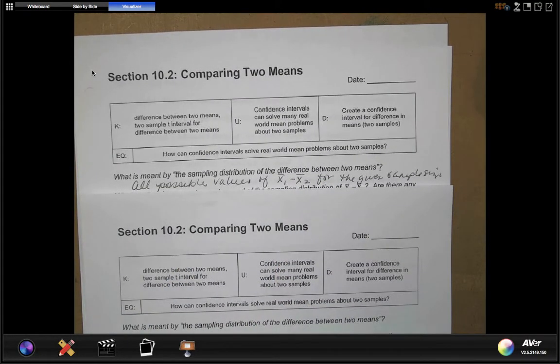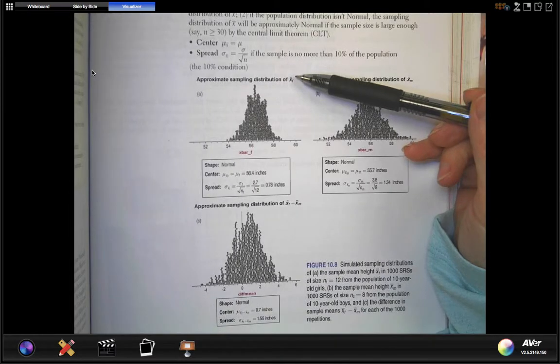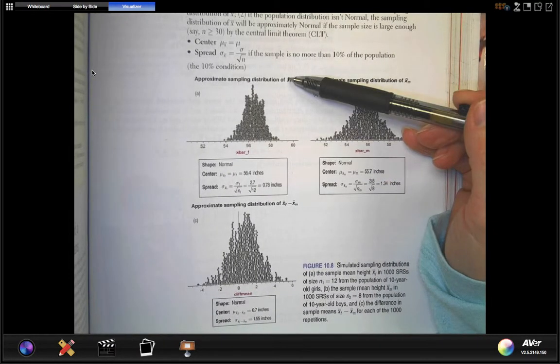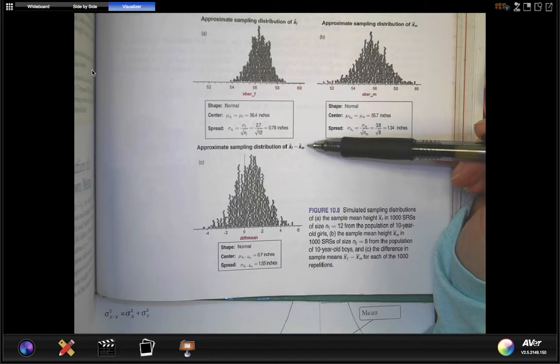So here's some, again, just like with the proportions. This is x bar, I think these are males and females, this is from your book. These are the x bars for the females, these are the x bars for the males. Then it took the difference in all those values to create the distribution of x bar for the females minus x bar for the males. So here's your sampling distribution.